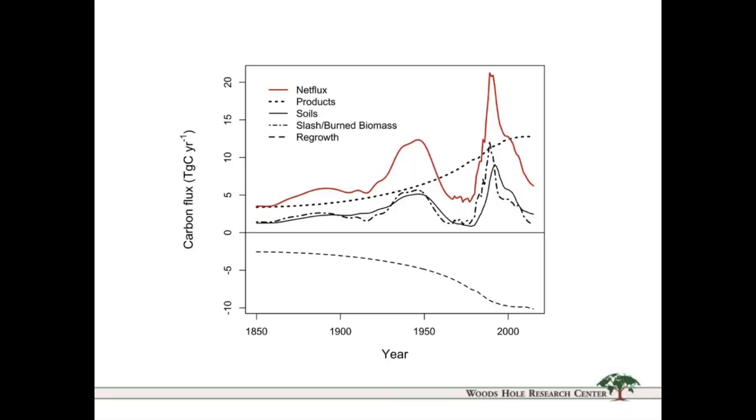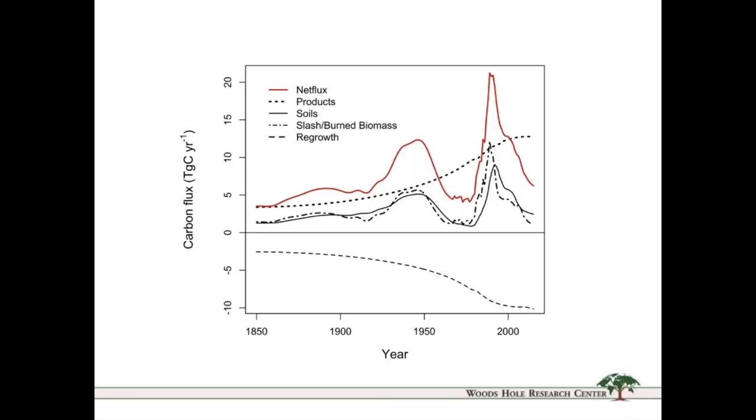So this shows a sink in forest of about 10 billion tons of carbon per year. Sources, major source seems to be from products, largely fuel wood, but there are emissions from soils and from burning of slash biomass left on the site. So that's a second way of breaking down the emissions of the sinks into components that are responsible.